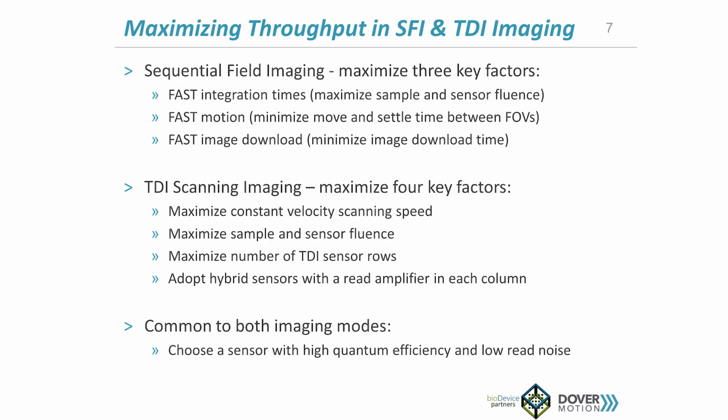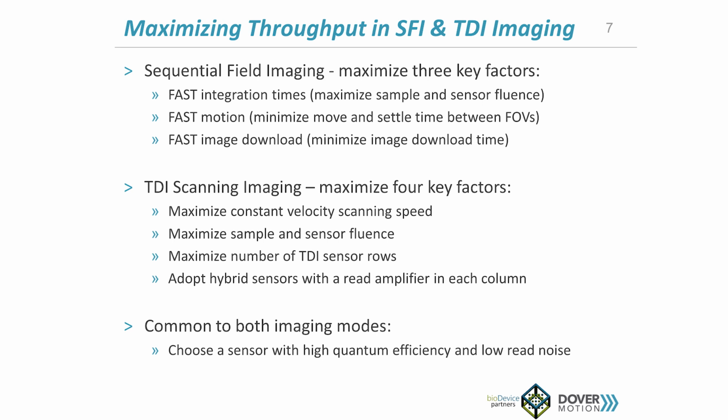In this slide, we call out the key factors for both SFI and TDI imaging. With sequential field imaging, the keys are to have very fast integration times, which means getting a lot of light on the sample and into the camera sensor, very fast motion, moving from field to field, and very fast camera downloading its image very quickly.